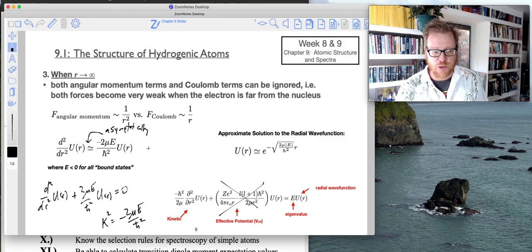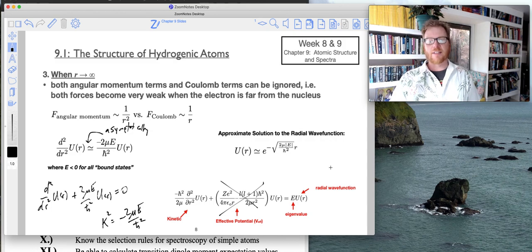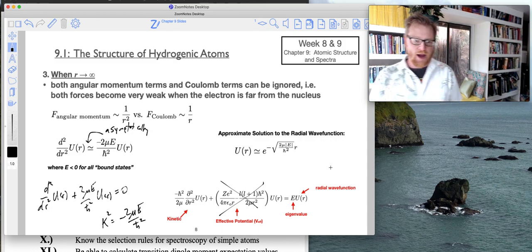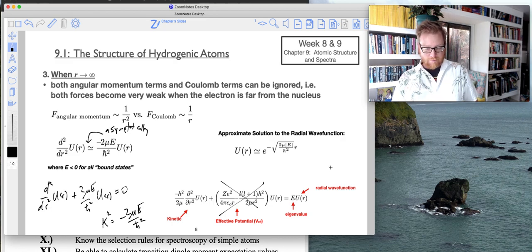It's going to have real solutions because E already is negative. And because that has a real solution, our term just becomes this simple e to the negative root of r. The reason we have just the negative term and not the positive root is because of that asymptotic limit.